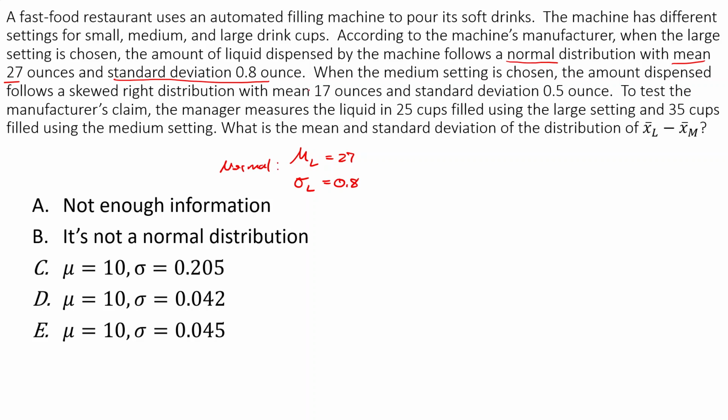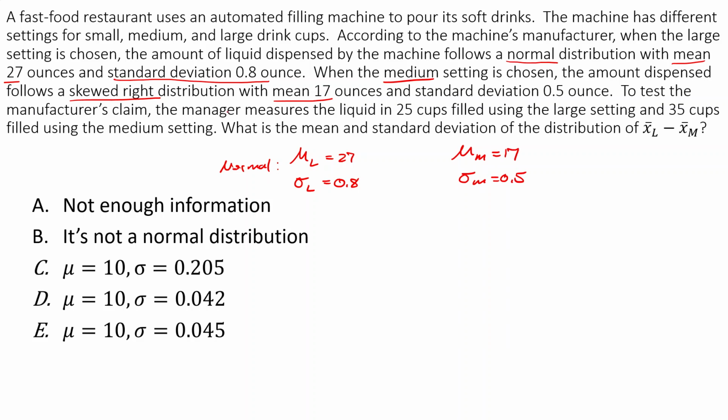That's cool. All right. When the medium setting is chosen, the amount dispensed follows a skewed right distribution. So it's no longer normal. With a mean of 17 ounces and a standard deviation of 0.5 ounces.